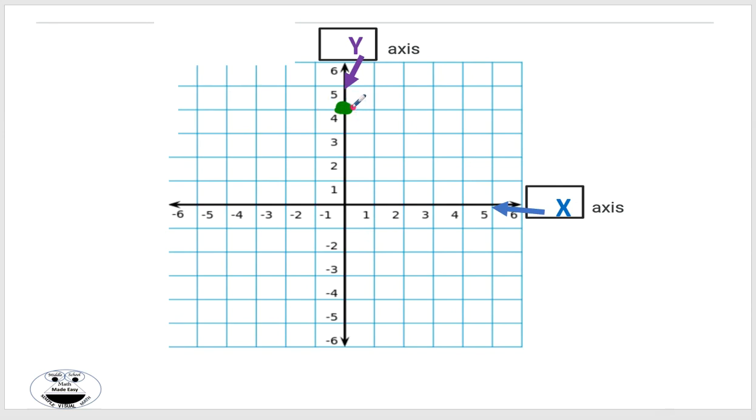So let's start with this point, this green point. And what I'm going to do is I'm going to quote-unquote highlight or write over the x-axis right here with my red pen. So this is my x-axis, so you can see exactly where it is.